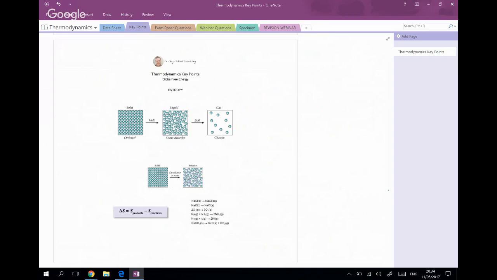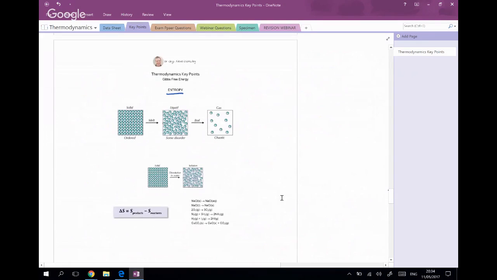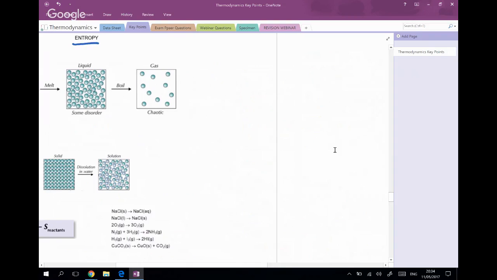Right. So in the AS course, you looked at enthalpy changes. And what we see in the A2 course, the year 13 course, is that reactions are not only dominated by the energy change, but also this thing called the entropy change. Here, I'm just trying to make this screen a little bit bigger so we can see. There we go.